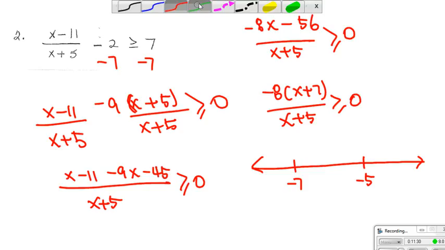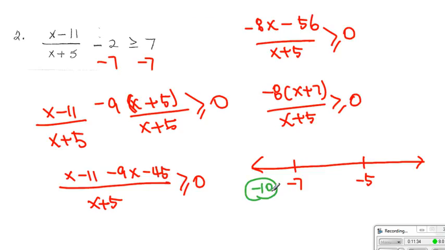Now let us test a few other points, such as, how about negative 10? If you have to place negative 10, then top, this portion becomes negative, while denominator is still negative, so it becomes here positive. Between negative 7 through negative 5, let us pick maybe negative 6. Then top is positive times negative, therefore the entire numerator becomes negative, while the denominator is also negative, so therefore this becomes positive.